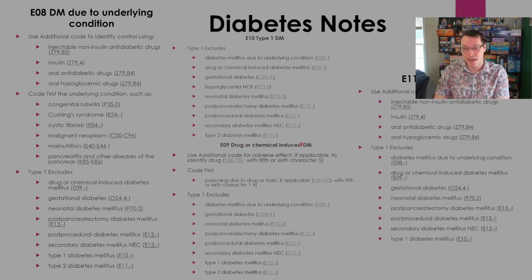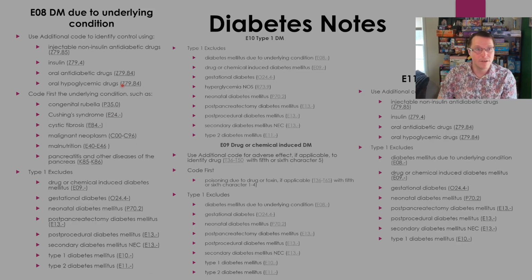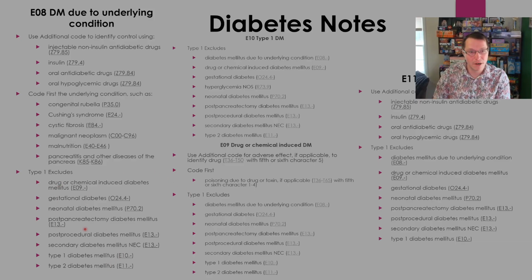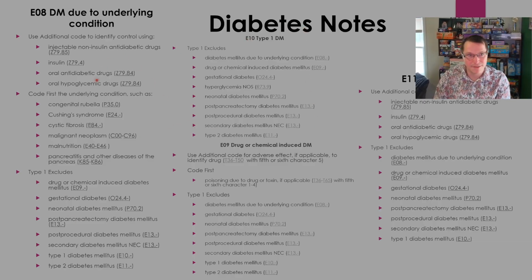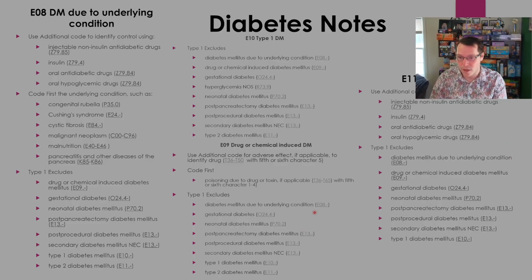Next one that's a very common concept, we're going to look at diabetes here. Diabetes codes, as you can see, are actually pretty easy for exclusions. For the most part, diabetes excludes other diabetes codes, because obviously they would. You can't have type 1 diabetes with a type 2 code. You can't have drug-induced diabetes with them. It's one or the other. So that's how these exclusions work.